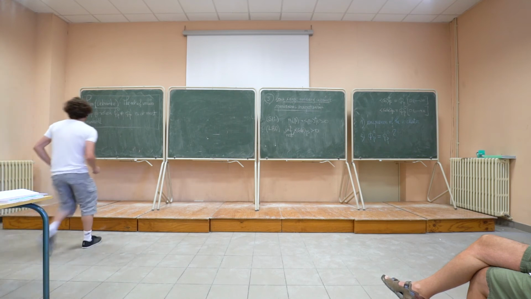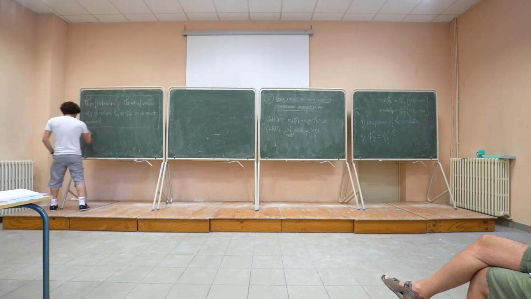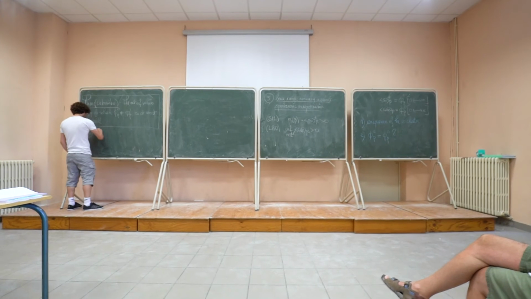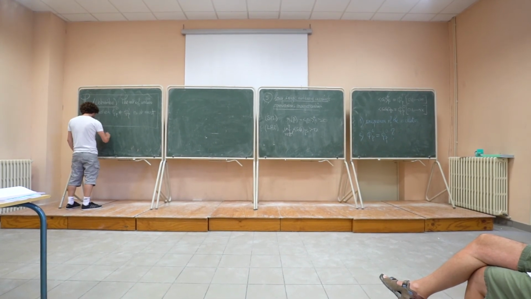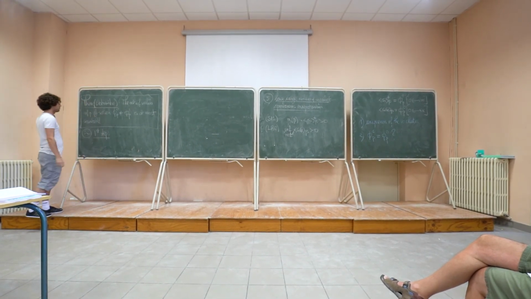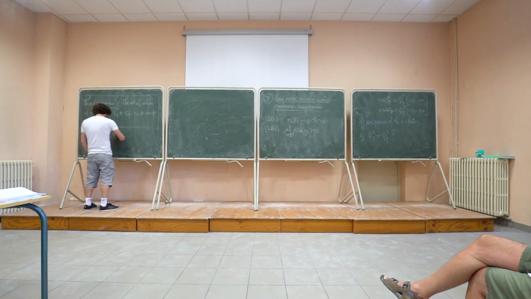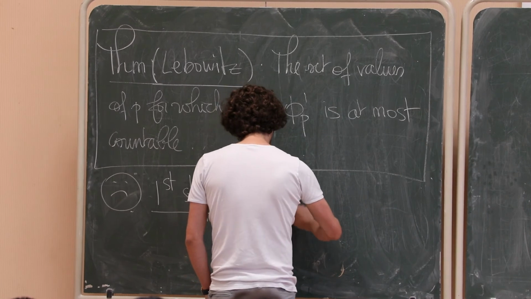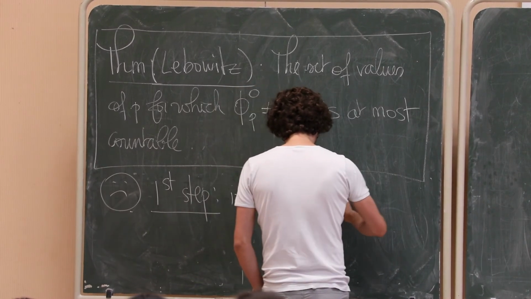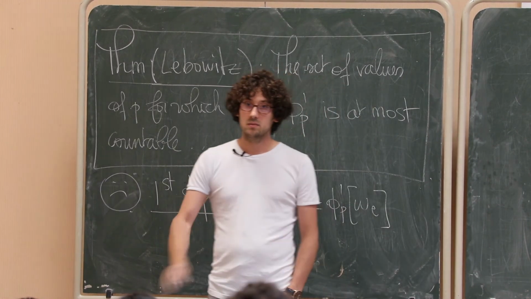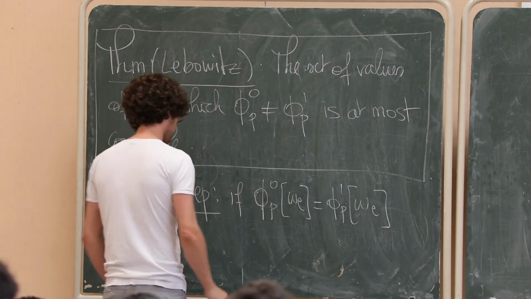Okay. So instead of looking at the free energy, we are in fact going to look at its derivative, which is the probability of being open. So first step, and this is required in both cases, in Leibowitz's proof and in this proof, is to say: if phi 0 p of omega e is equal to phi 1 p of omega e, then phi 0 is equal to phi 1.